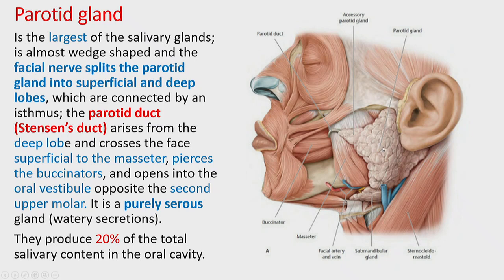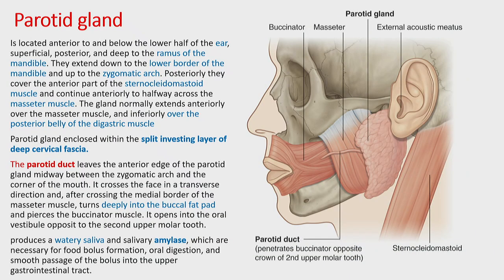Important and funny is that the parotid gland is the largest major salivary gland, but it produces just 20% of the total saliva produced in the oral cavity. The main production of saliva is via the submandibular gland, which we are going to discuss. So the position and location of the parotid gland, as we said, is wedge shaped.